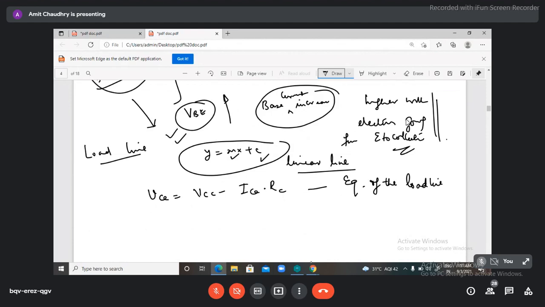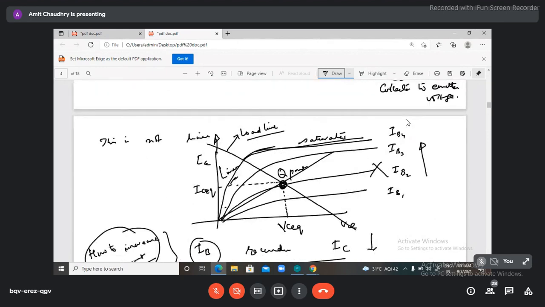Now, if IC is equal to 0, then VCE is equal to VCC. If you look at this line, if IC equal to 0, this is the point, then VCE is equal to VCC. This is your VCE point.